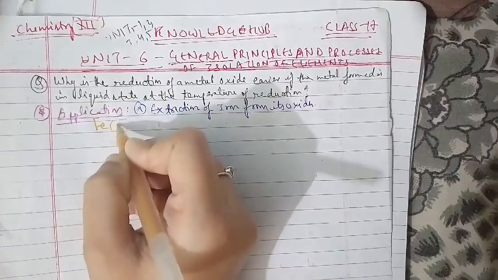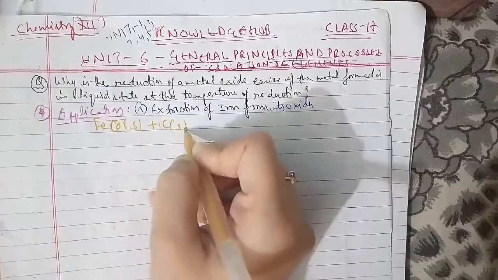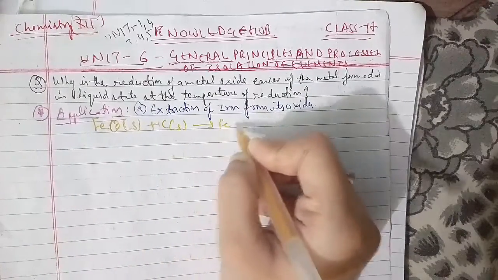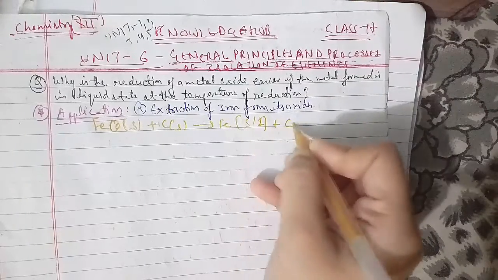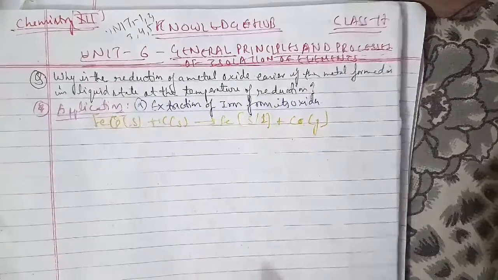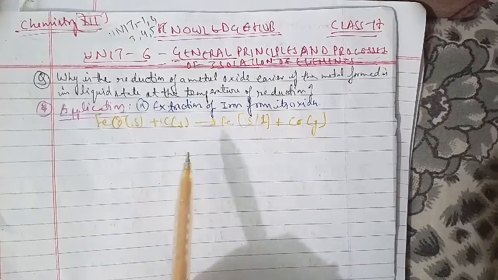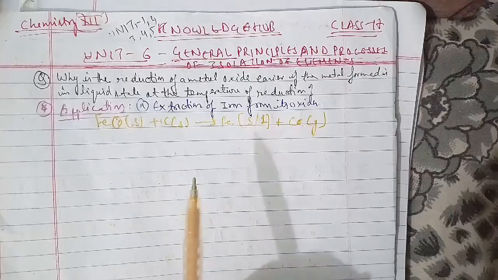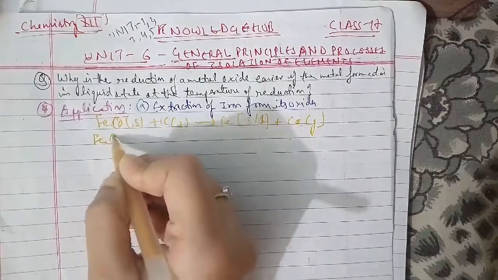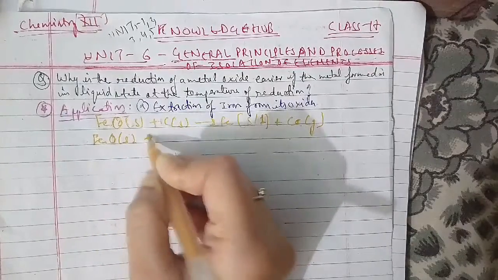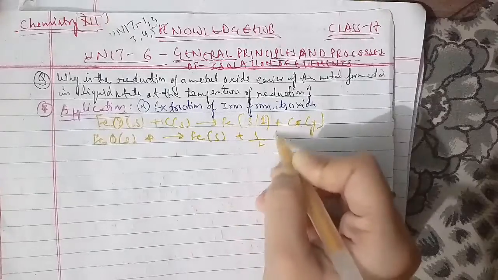It can be seen as a coupling of two simpler reactions: in one, the reduction of FeO takes place, and in the other, the oxidation of C to CO. That is FeO(s) giving Fe(s) + 1/2 O2(g), and the other is C(s) + 1/2 O2(g) giving CO(g).